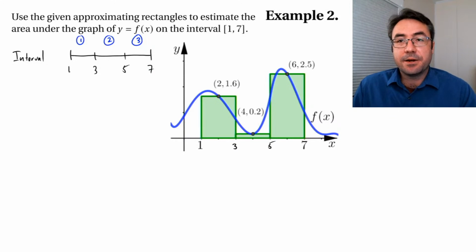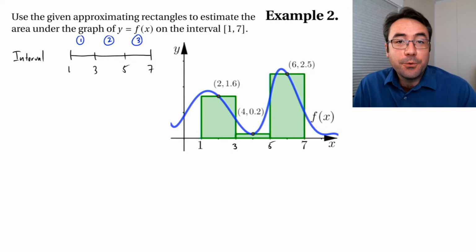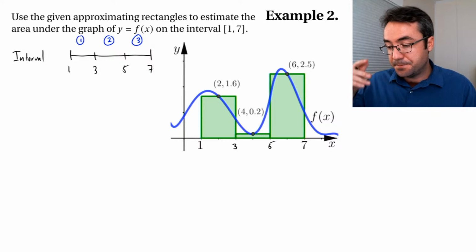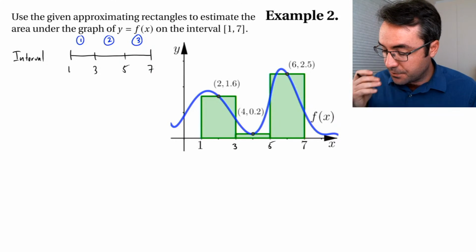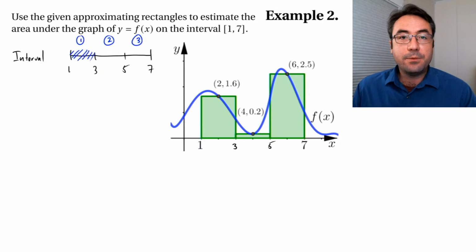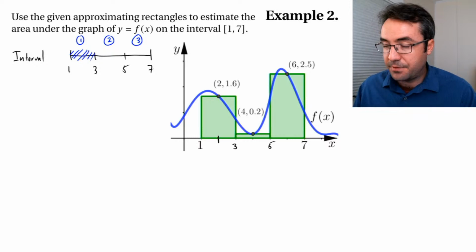And so the idea here is on each of those subintervals, even though our curve has some bumps in there, we're going to assume that our curve has a constant height on each of those individual subintervals. When we look at this first subinterval from 1 to 3, the way we've drawn our approximating rectangle here is using kind of the midpoint.